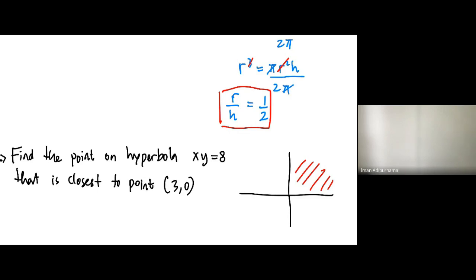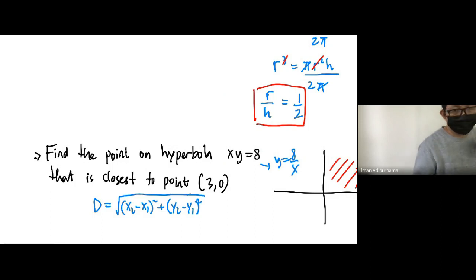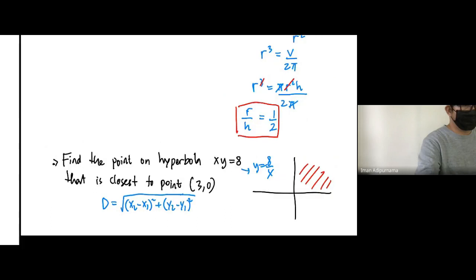So maybe I will give you some clue for this one. It is better to write this in terms of y, 8 over x, and then use the distance formula.